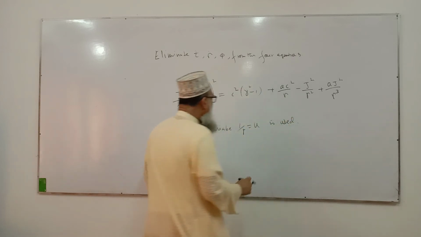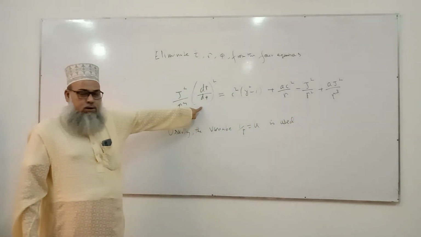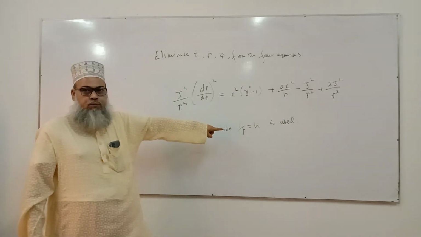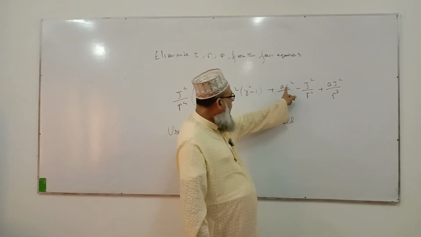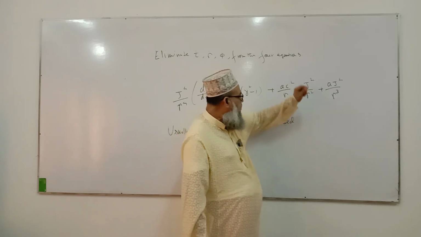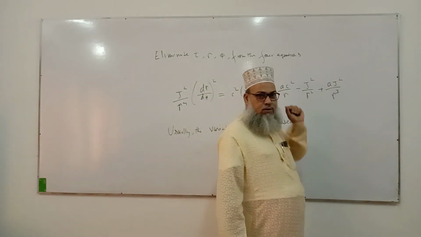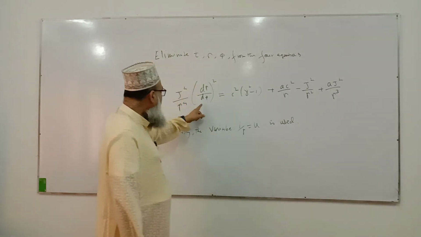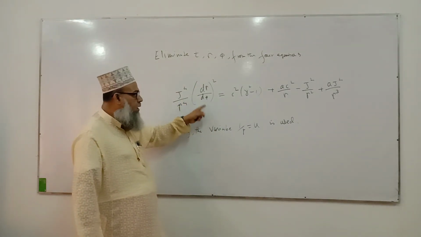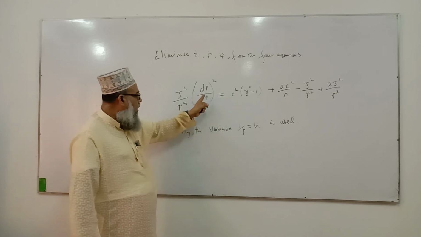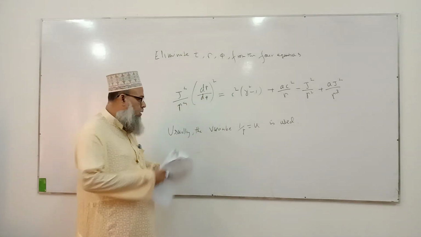So convert this equation to u by using u equals 1 by r. Here d by d phi you have to carefully eliminate the r, very carefully.